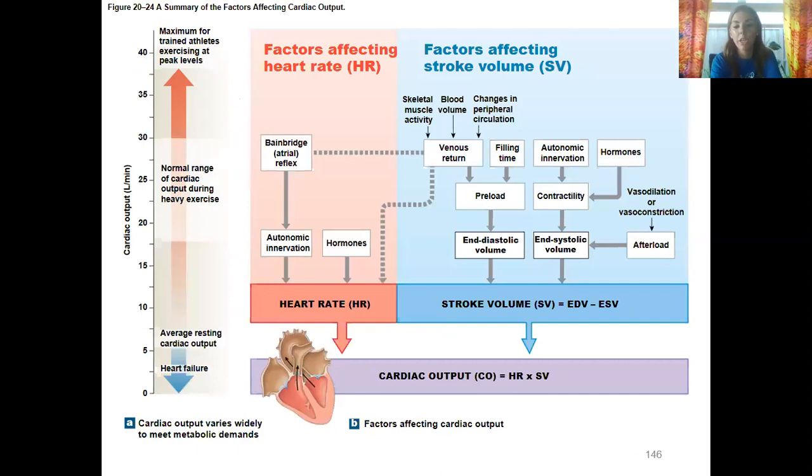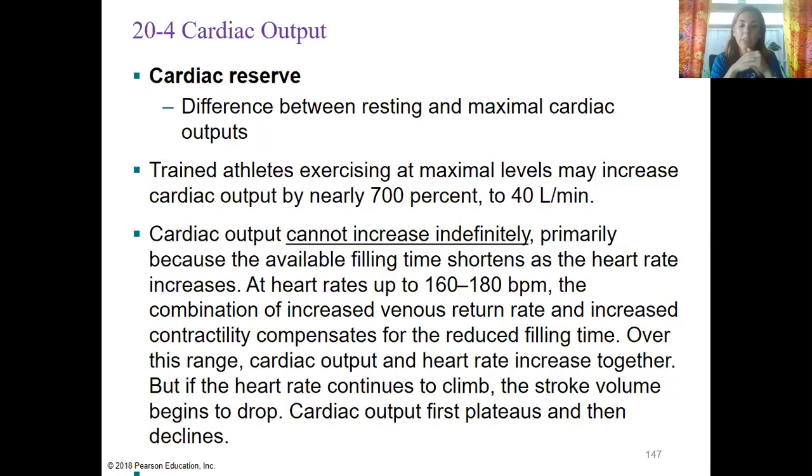Okay, so here's the last little chart for you. Again, you can use that one if you like that one better. Cardiac reserve is the difference between the resting and the maximal cardiac outputs. If you're talking about a trained athlete exercising at their maximal levels, then they can greatly increase their cardiac output. When you watch Lance Armstrong ride his bike through the rain or the hail or the wind, let's not take into account the blood doping thing.